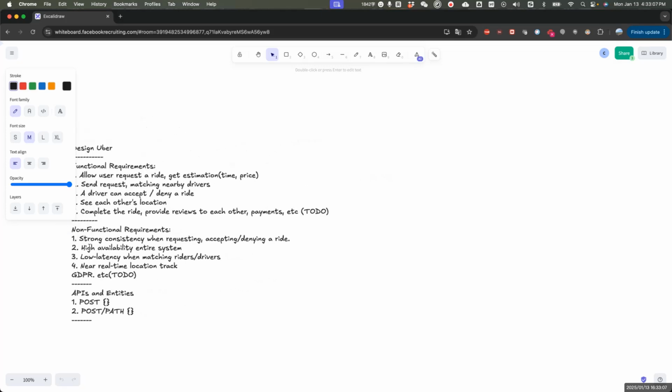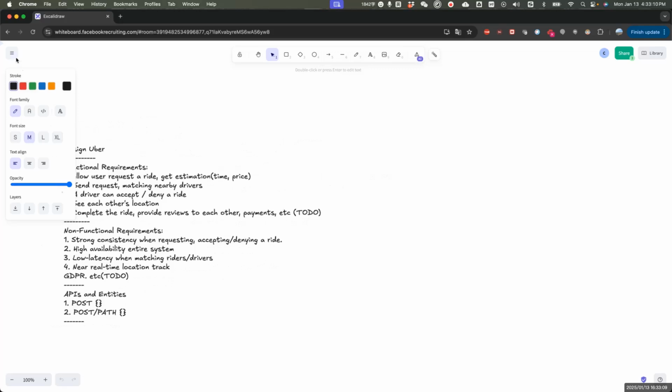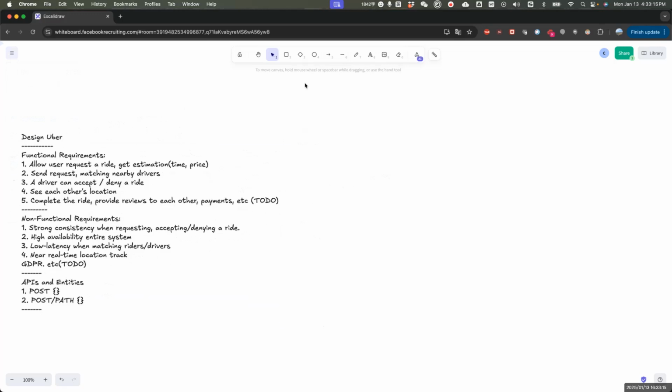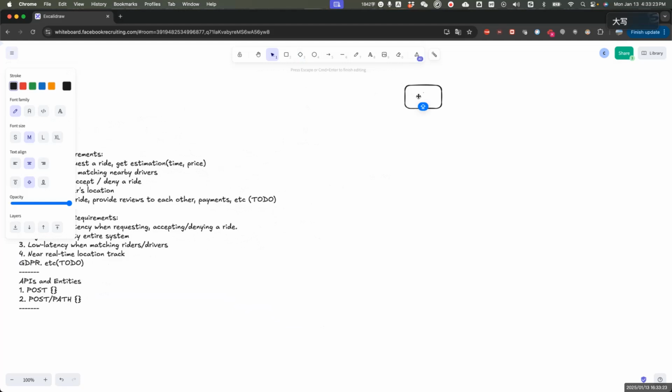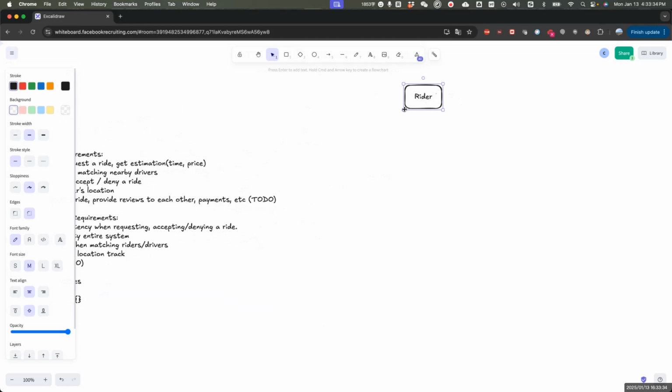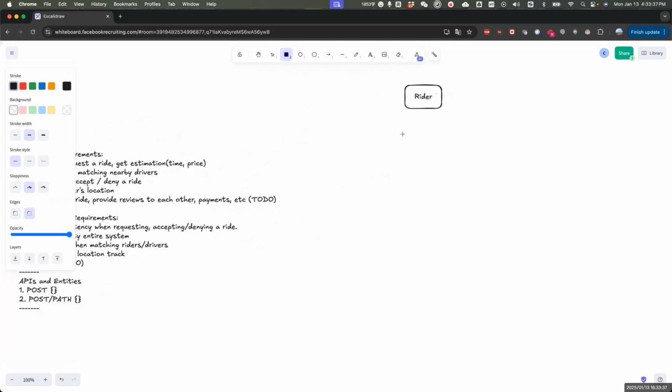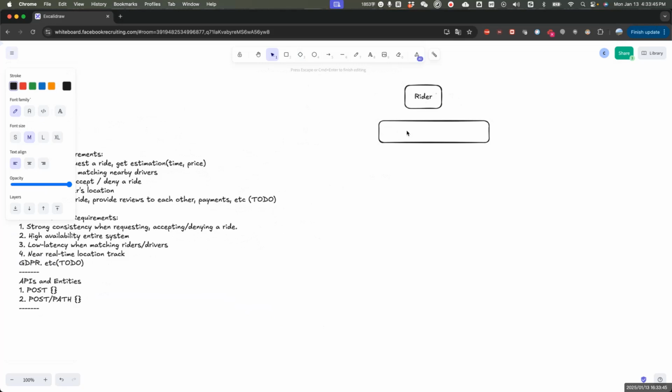So let me scroll down over here. First of all, we will have a client, which is a rider on their mobile side. It's going to request a ride from its phone on the Uber app.